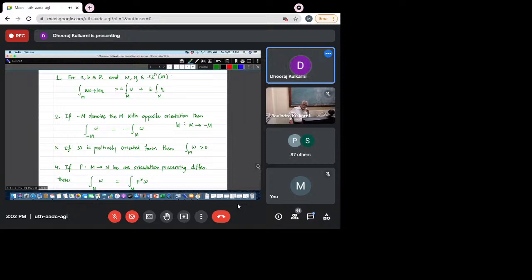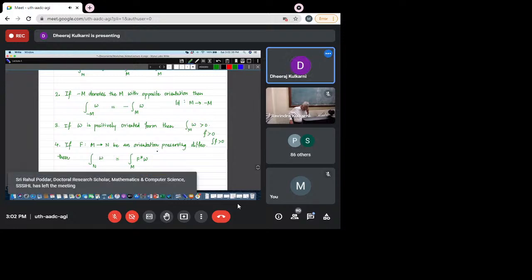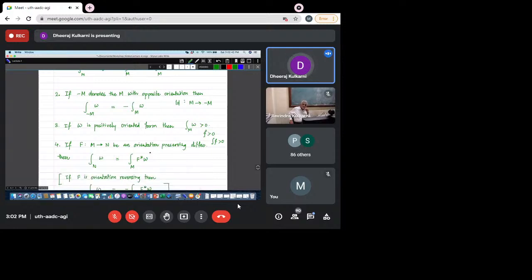This is a generalization of the following thing in the Riemann integral: if f is a positively valued function, then the integral of f is also greater than 0, right? So we are going parallel to the properties of integrals in Euclidean cases.